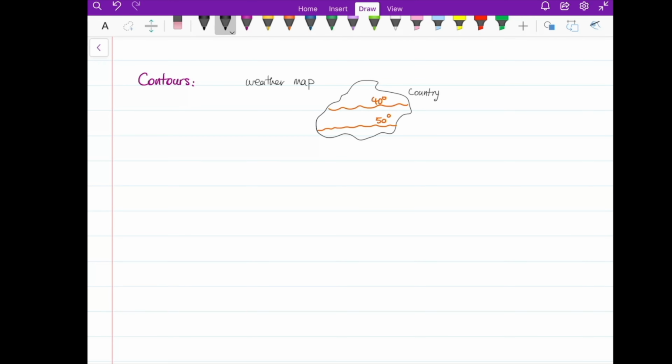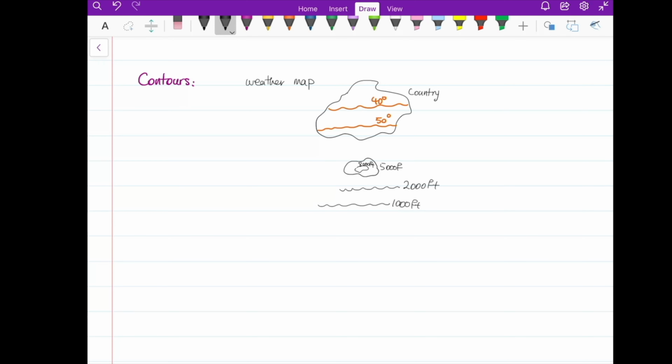Or if you go hiking, you might see a contour map like this. For example, some lines at the elevation of 1,000 feet, or 2,000 feet, or maybe there's a mountain with some numbers on it, 5,000 feet elevation, and then 8,000 feet elevation, something like that.